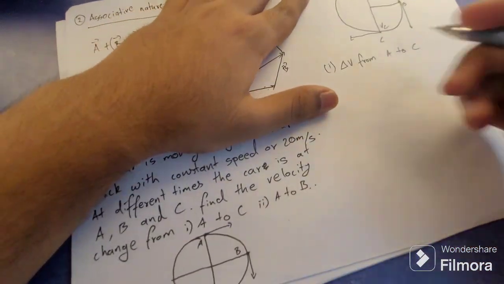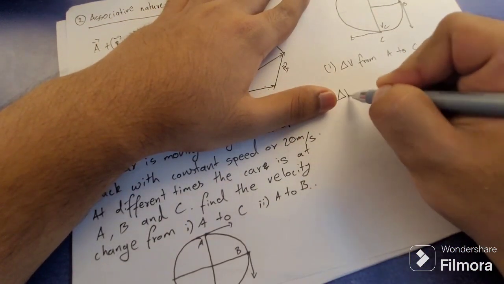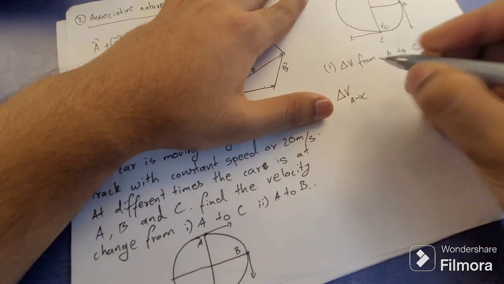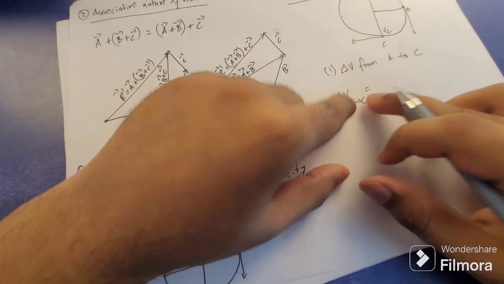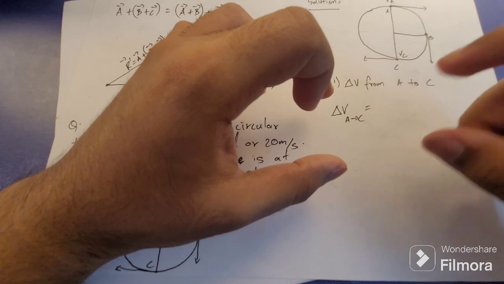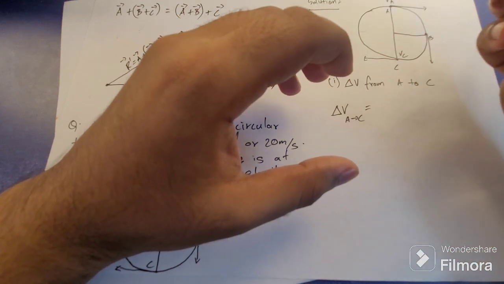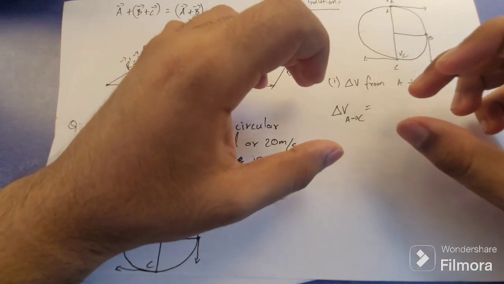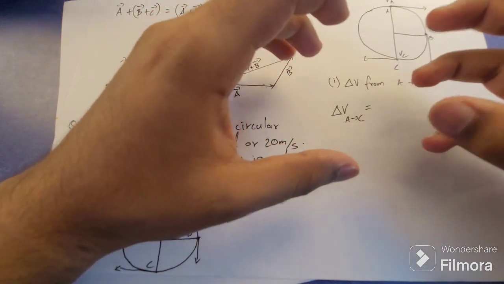So we need to calculate the change in velocity in moving from point A to C. Change in any quantity is calculated just by doing the final value of that quantity minus the initial value. So we just have to do final minus initial in order to calculate the change of something.